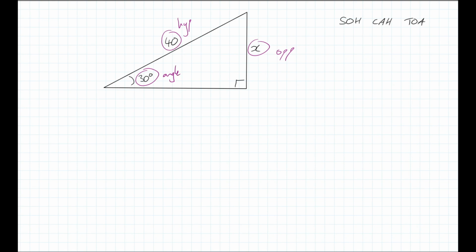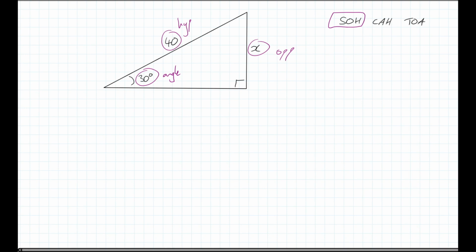Now, every question that involves one of the trig ratios is going to have an angle in it in some way. The main thing that differentiates is whether we're going to use the opposite and hypotenuse, or opposite and adjacent for one of these ratios. In this particular question, we have the opposite and the hypotenuse, which means it has to be this one here.